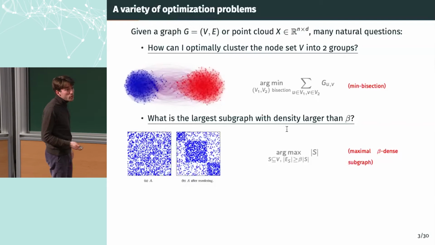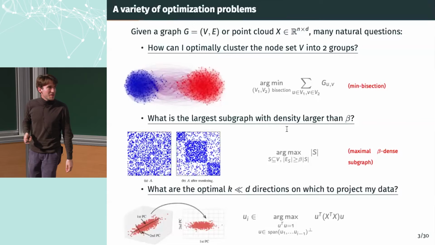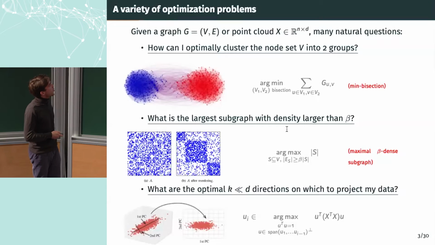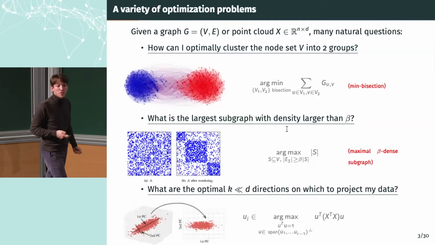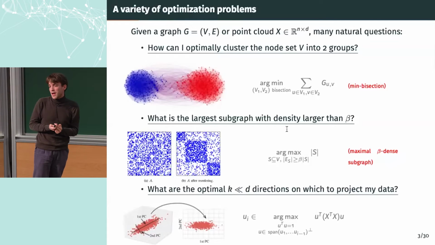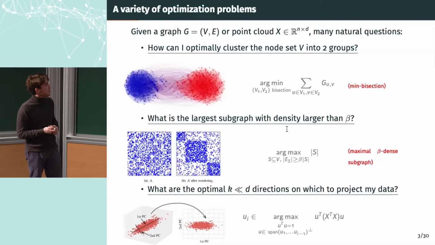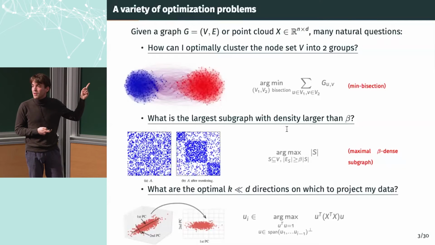And if we think of point clouds, maybe an even more famous question is, what are the optimal directions in which to project my data so that I can reduce the dimensionality of my data? Well, I think you know this problem, right? This is just PCA.